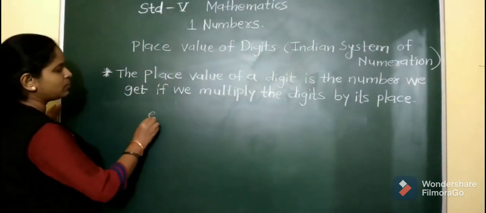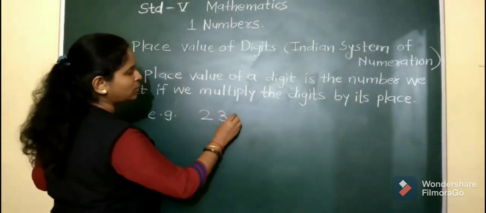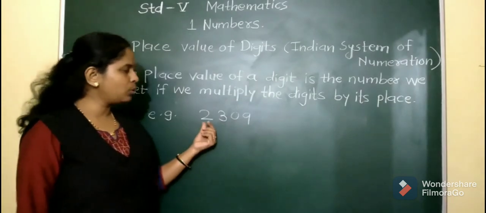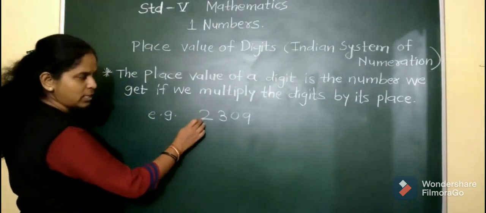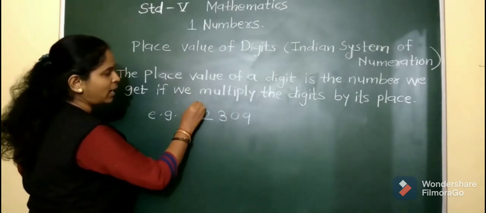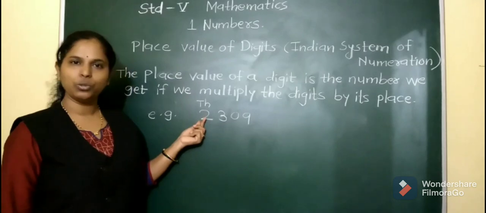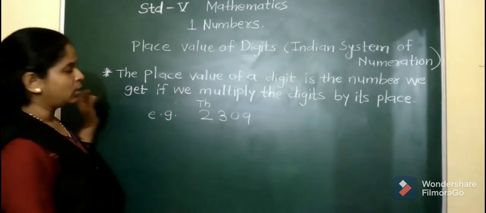For example, 2309. In this number, digit 2 is at thousands place. Got it? So what is the place value of 2?